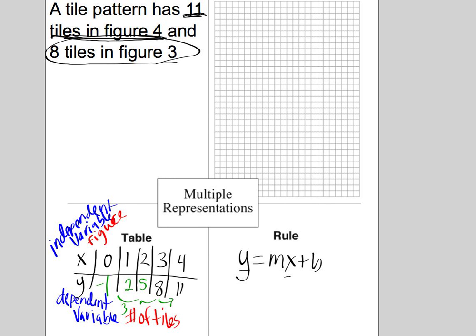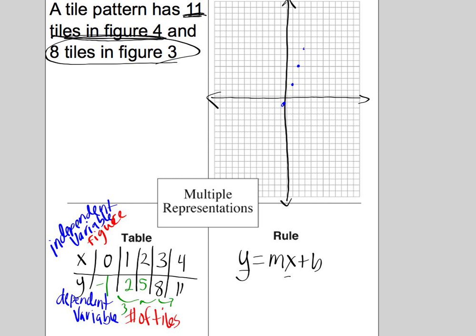Let's graph this on our graph. So we have the figure number 0 has negative 1. Figure 1 has 2. Figure 2 has 5, and so on. Just making a quick graph of the situation.